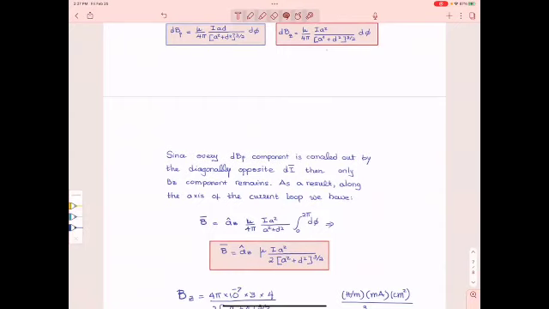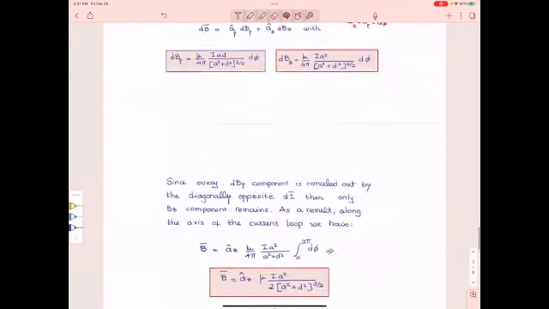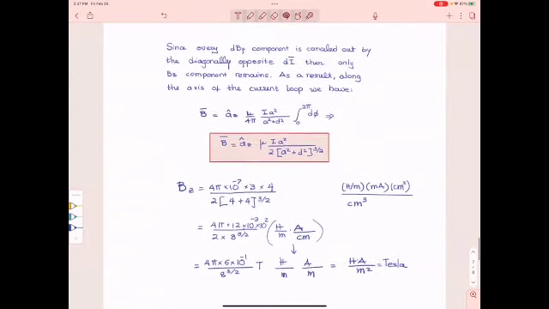That means I am on the surface of the loop, but at the center, so I'm right at O. When D is 0, the observation point B goes down here and finds itself at the center of the circle. And when that happens, I can simplify things.